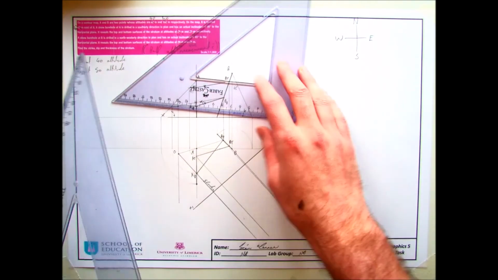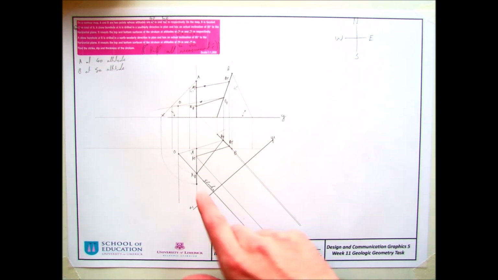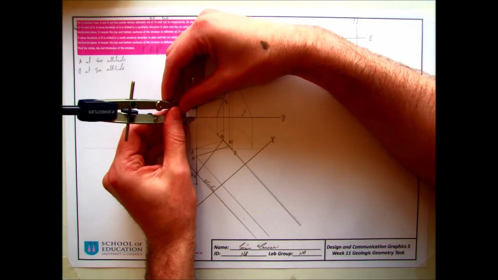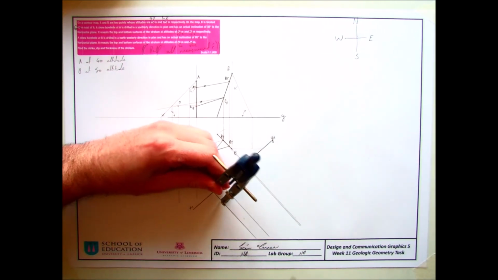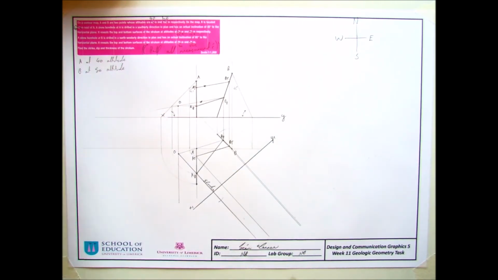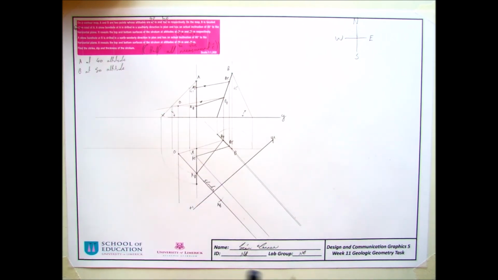Now, like I was saying before, take your distances from elevation. Where's my compass gone? So for AB, go to AB here. Get that distance. Mark it off. Call that AB. AT then.